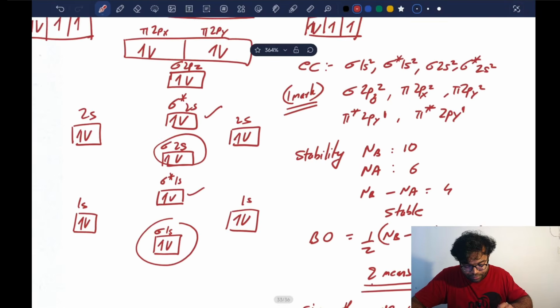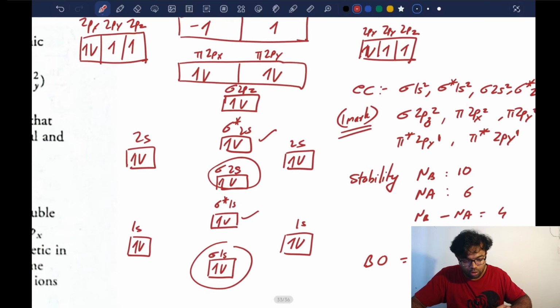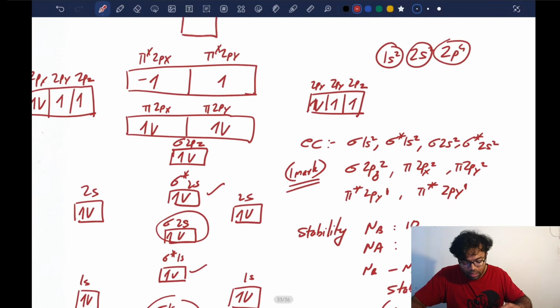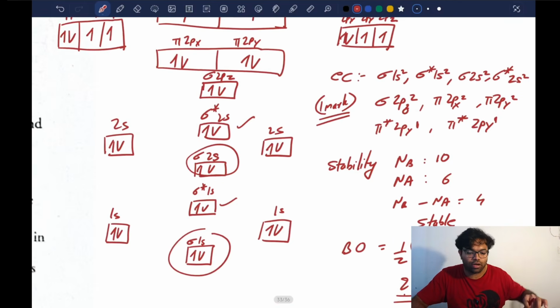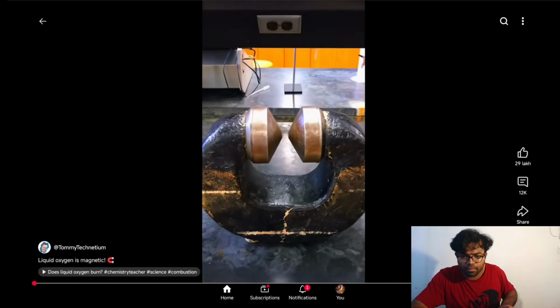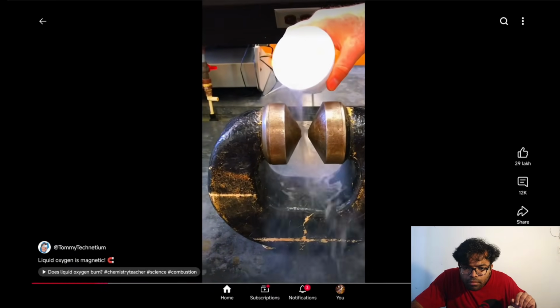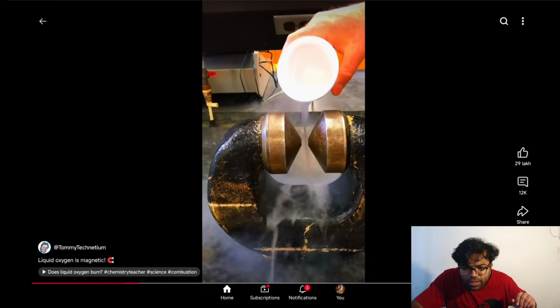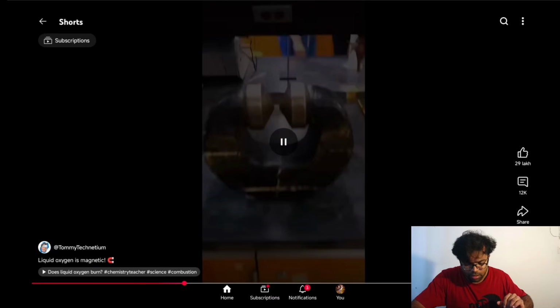Okay. Did you understand this whole concept, Drupad? How to draw the molecular orbital? Now I'm going to show you a video. Nothing happens, right?